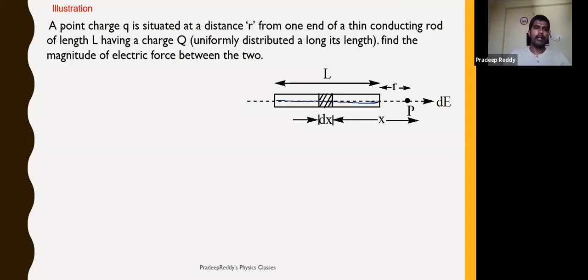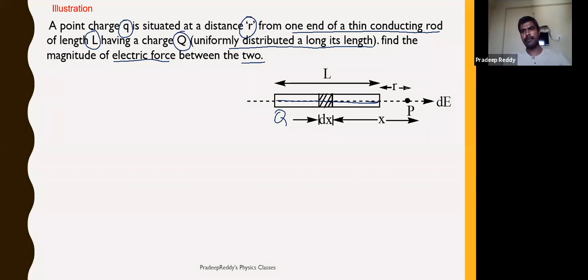In the problem it is mentioned: a point charge q is situated at a distance R from one end of a thin conducting rod of length L having a charge capital Q, uniformly distributed along its length. Find the magnitude of the electric force between the two charges.